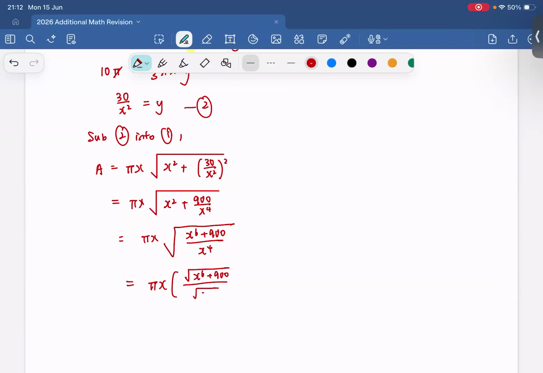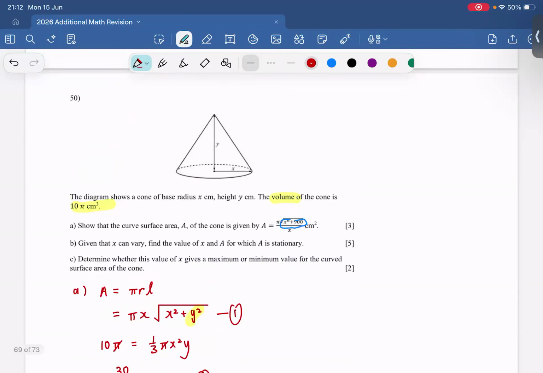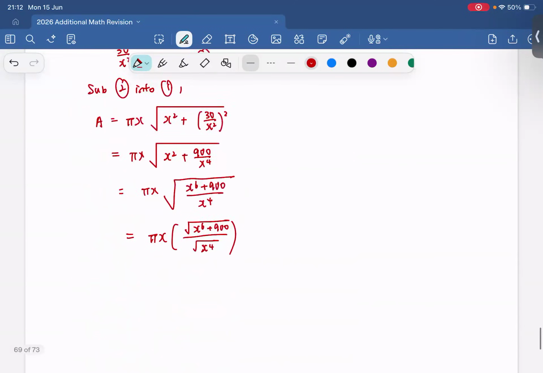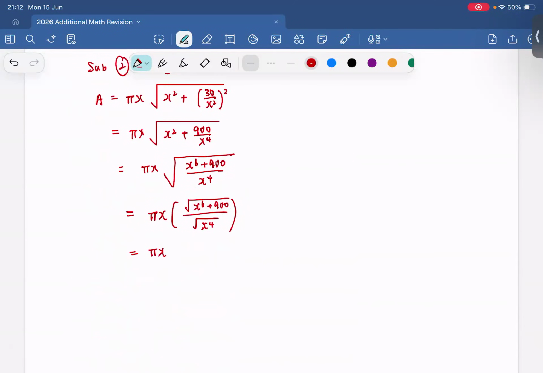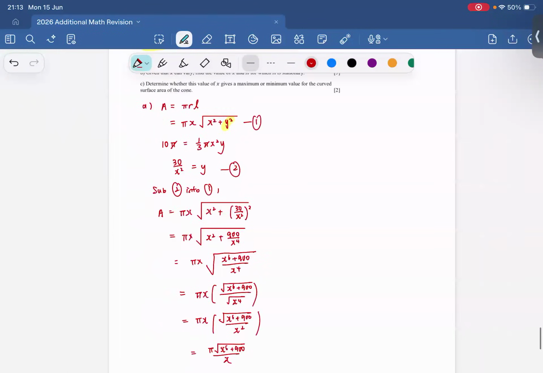It's because you can see that the denominator does not have a square root. So square root of x to the power 4 is just what? x squared. Then you simplify. Okay, shown.